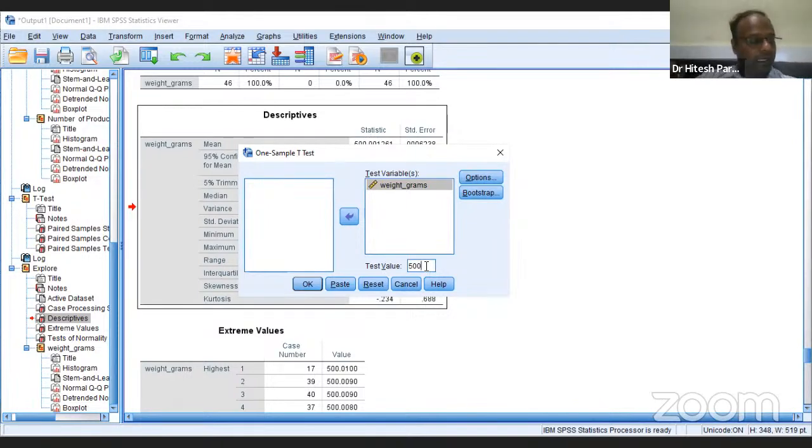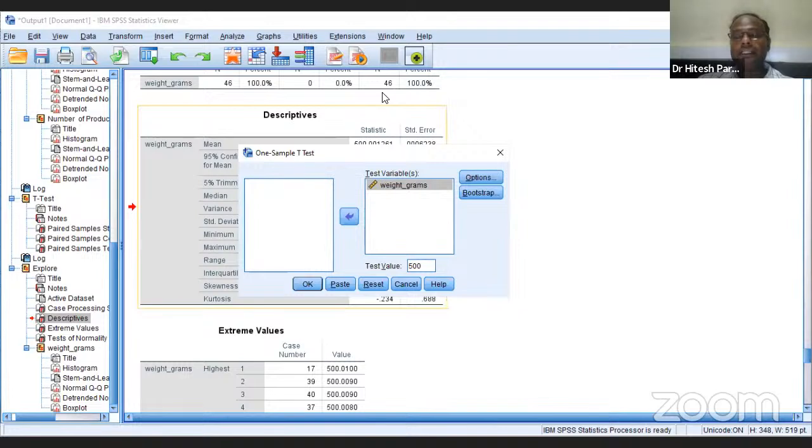Every time, depending upon your data and your objective, the test value will be different. Here we are comparing from the manufacturer's point of view.